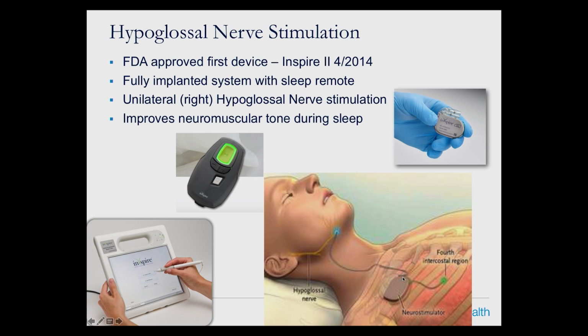It has a wire that leads up to the nerve that controls the tongue, and this nerve controls the muscle tone of the upper airway, and then another lead that goes down on the chest wall to sense when you're breathing. The patient can turn it on with a remote at night, so it's only active at night, and the device will stimulate the nerve and override the muscle tone loss that you get when you go to sleep.